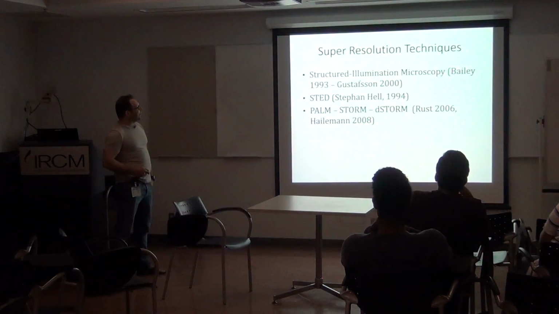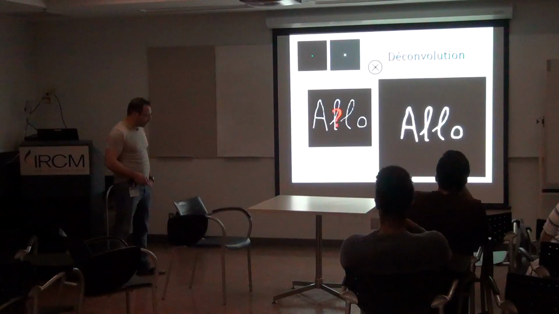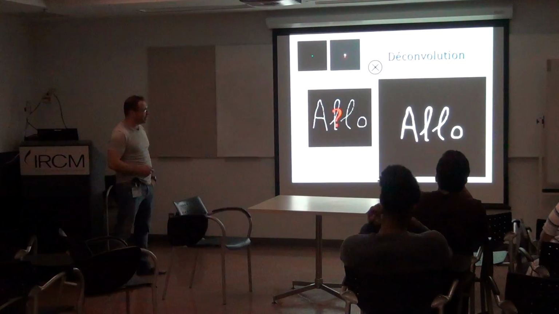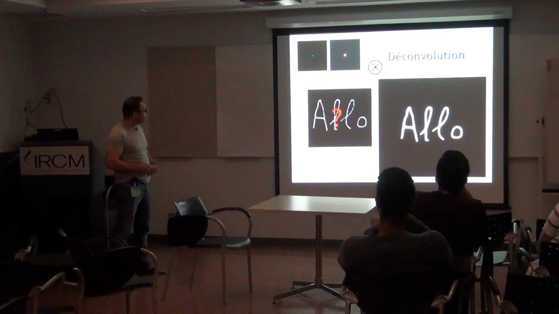Super resolution techniques. Nowadays, you're limited by this point spread function because every dot of light that you look at is big like that. So if you have one dot which sits right across the other, you cannot distinguish it because every dot produces a big dot like this.